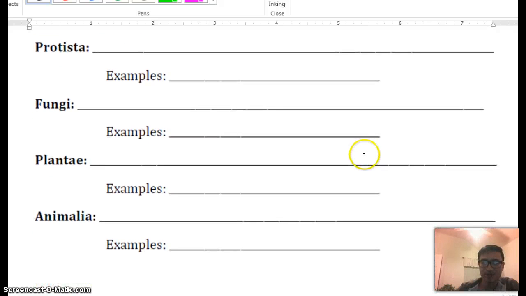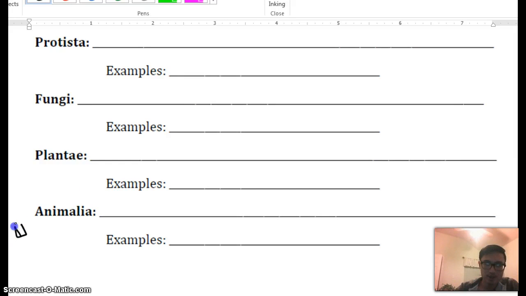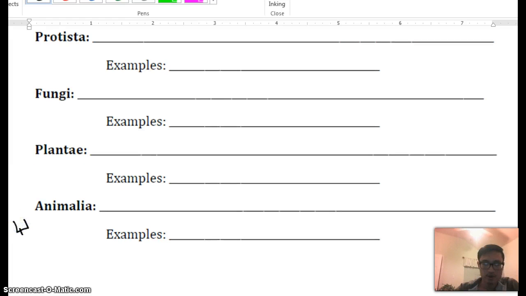Protista, fungi, plantae, and animalia. Now, what I would encourage you guys to do is for these four eukaryotic organisms, excuse me, eukaryotes, did it again.